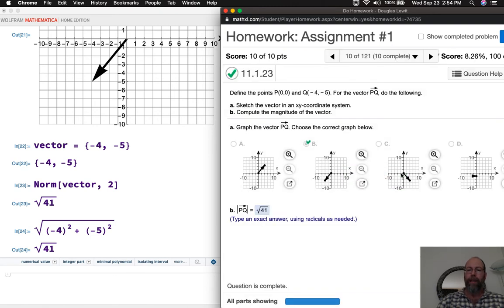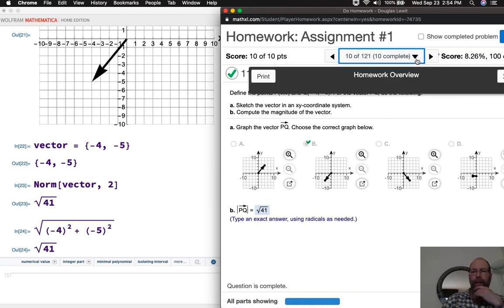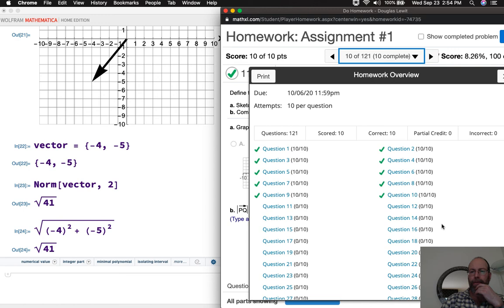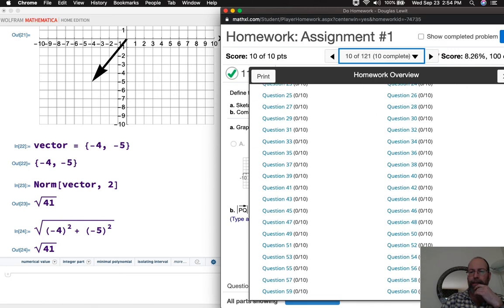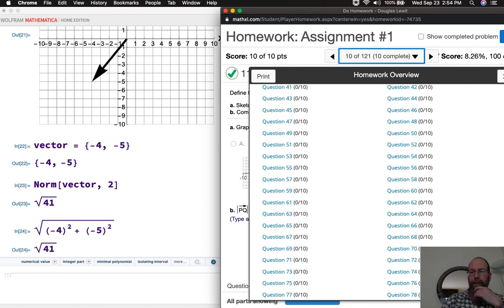Okay. So we just have time for a couple more problems. I would like to do a couple of problems where we have to figure out the equation of a plane given 3 points. And I believe that's much later on in your homework. Okay, so I think it's in the 60s or 70s.